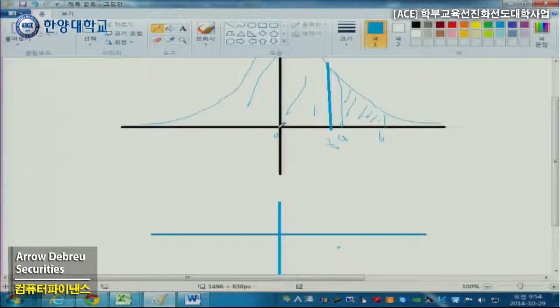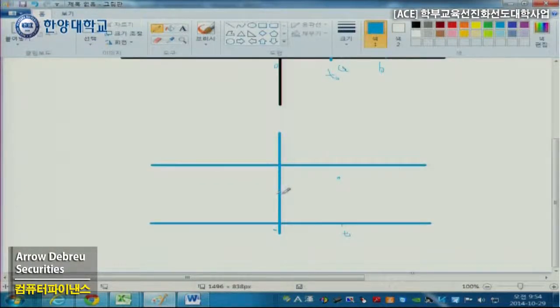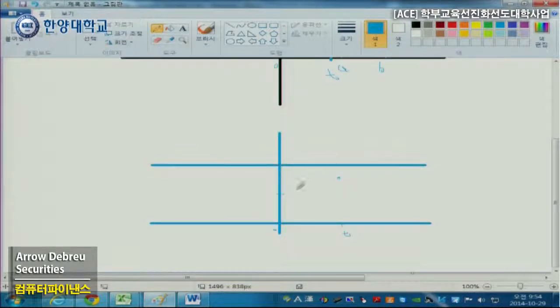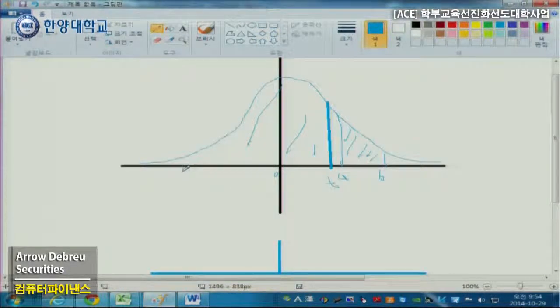If we pick the number exactly 0, then what is the value of the cumulative density function? Yes, 1/2, right? Because at exactly 0, the probability that a random number is less than 0 is the size of this area, and it is symmetric, so it is exactly half. For a number like this one, the size of this area would be small, right? The probability that a random number is less than c would be very small.